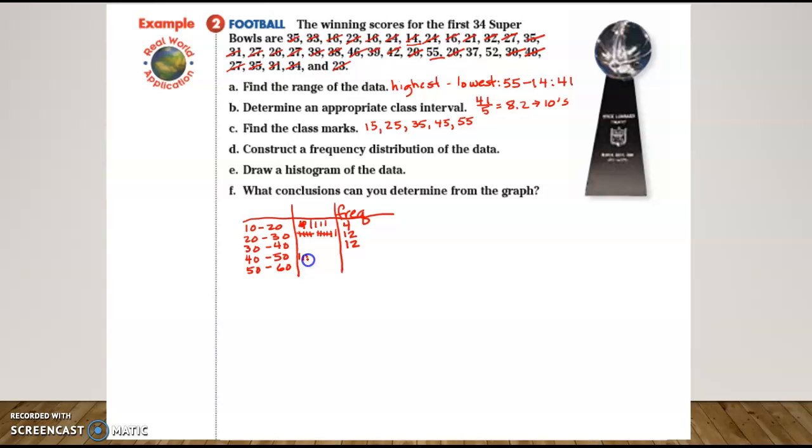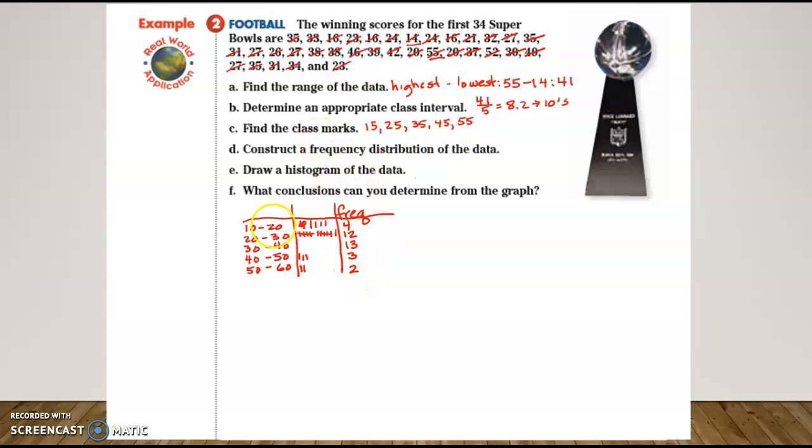Looks like I missed one on my 30 to 40. 37. So that would make that 13. Okay. And my last one, 50 to 60. I've got 1, 2. Okay. So there's a frequency distribution, 4, 12, 13, 3, and 2.